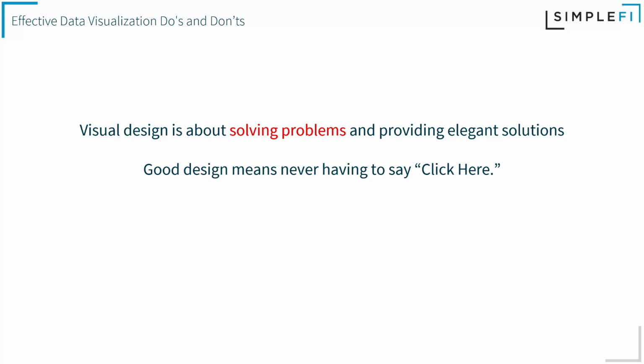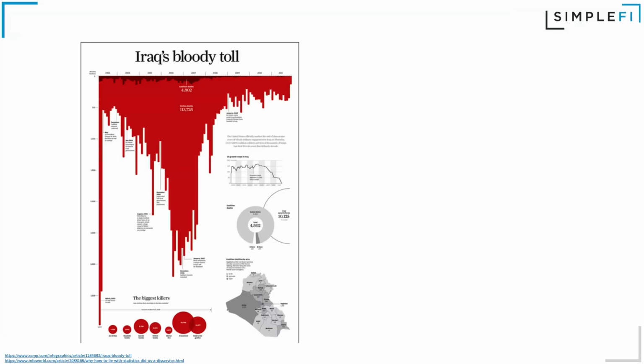I want to show you two items before we start with a set of best practices. If you look on the screen right now, you will see a data visualization that's quite famous. It was published shortly after the war, a long time ago.